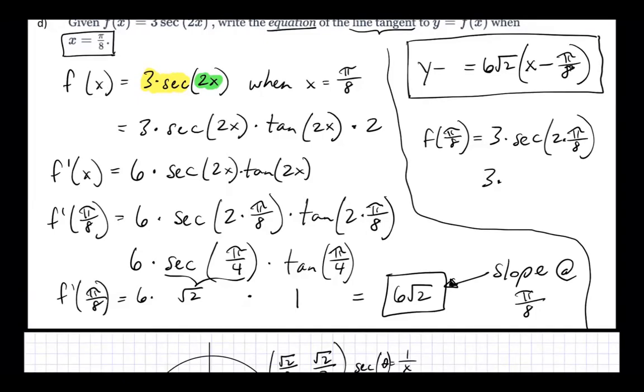So I know this answer, which is the secant of pi over 4, right? We just did that, right here. And we found that the square root of 2 is the answer.